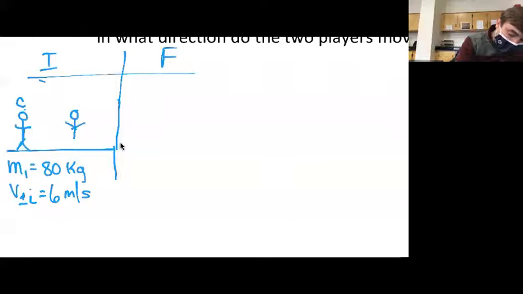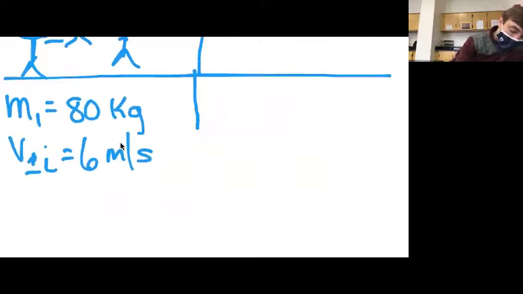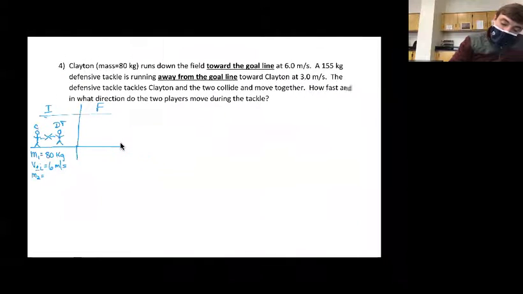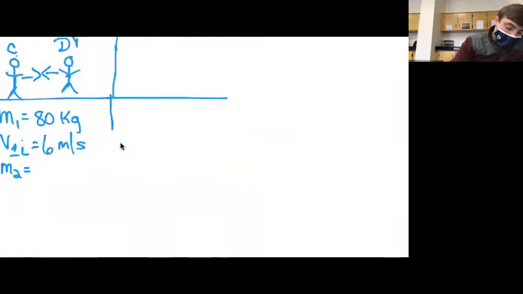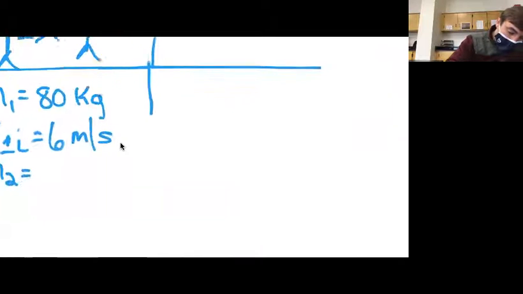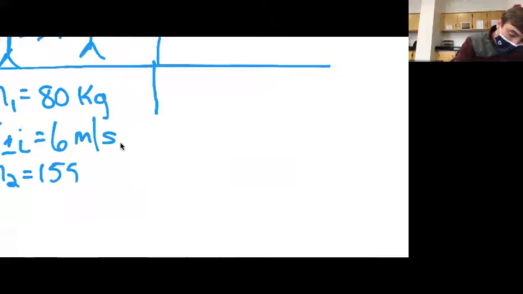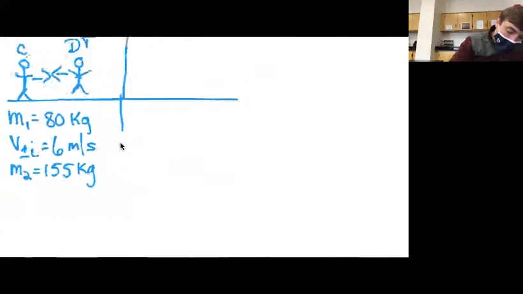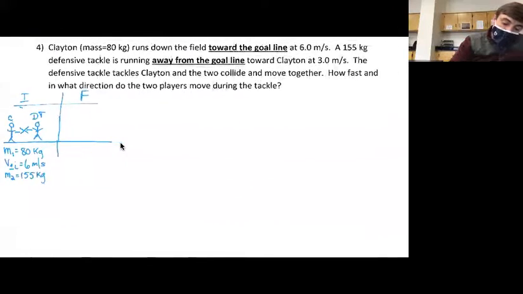And here is our defensive tackle. And his mass is 155 kilograms. And he's moving 3 meters per second.